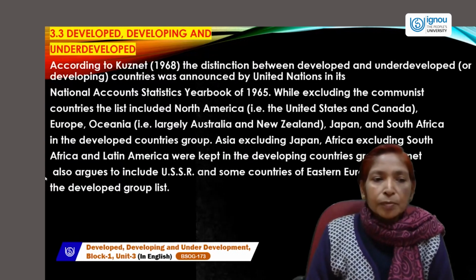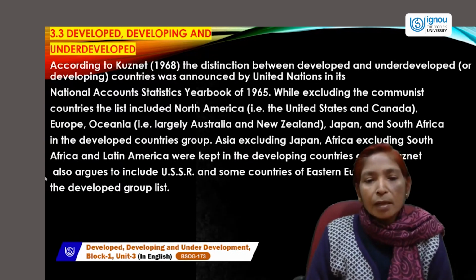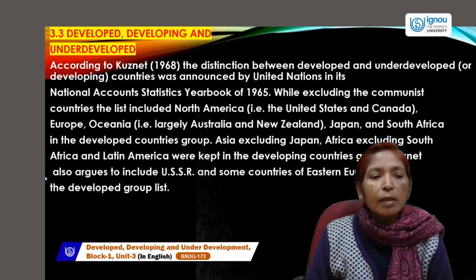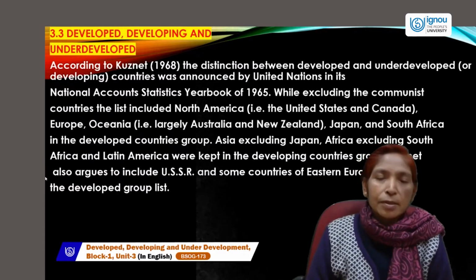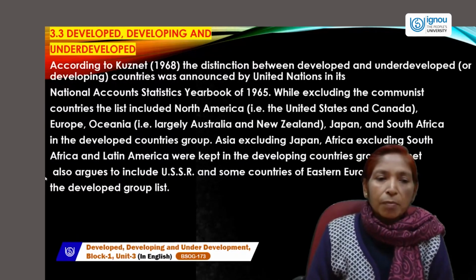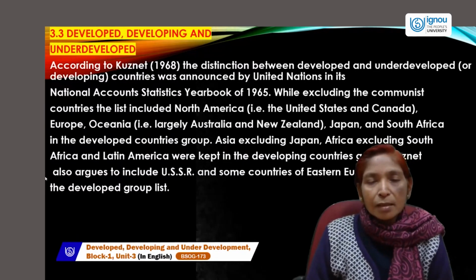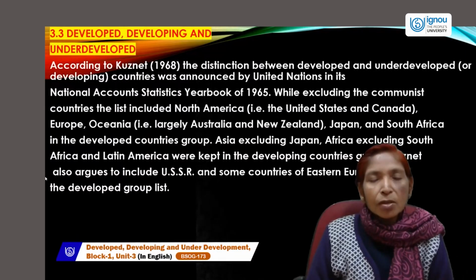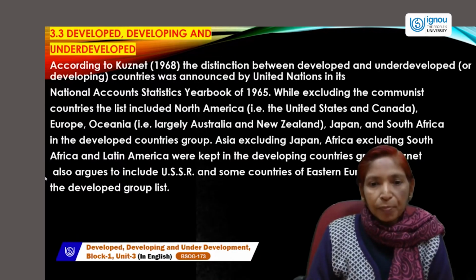Kuznets argued to include USSR and some countries of Eastern Europe in the developed group list, because USSR is at present called Russia, and at present this country is well developed.